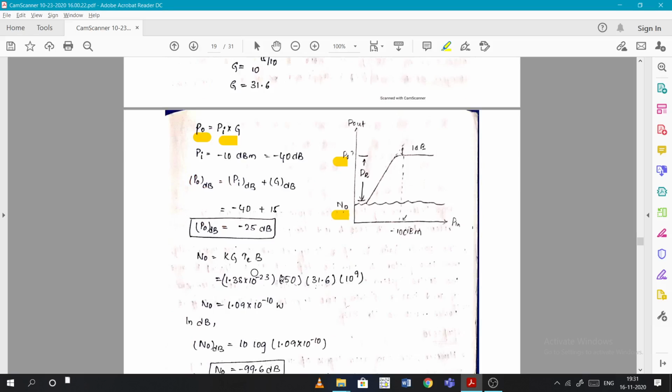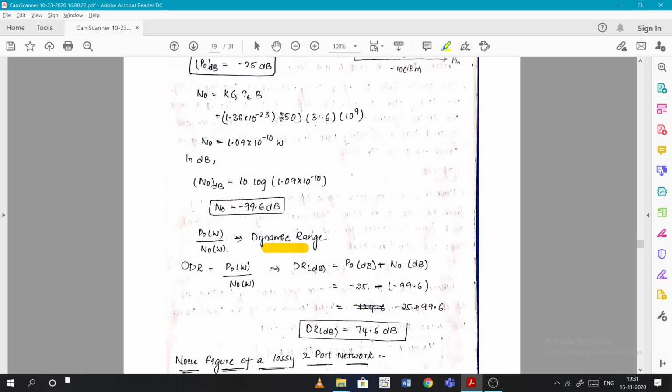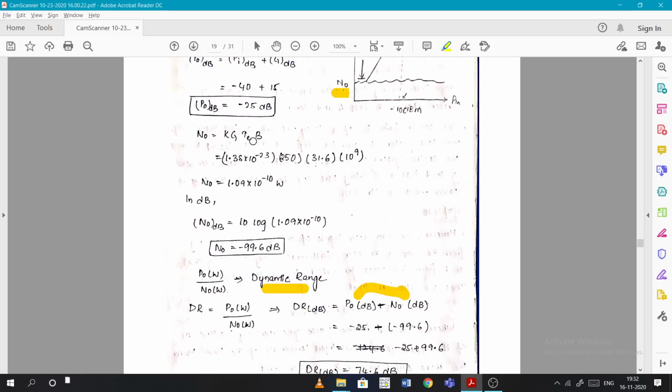If we use normal values, we divide P0 by N0. If we use dB values, we subtract them, because it is a ratio. So how to find N0? We know it is KG TeB. They have given Te, gain and bandwidth, and we know K. From that we will find N0.